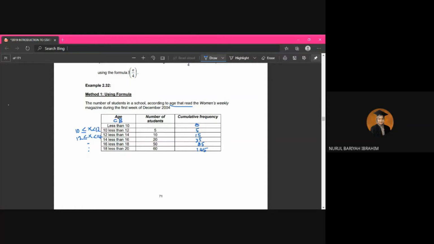Alright, and then we need another column because we want to find the position of data. Okay, remember when you found the value of the median before this, the same step. You need to find the position of data. Okay, sorry, 1 to 5.